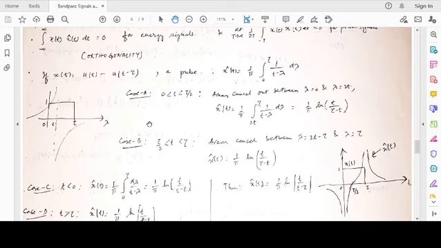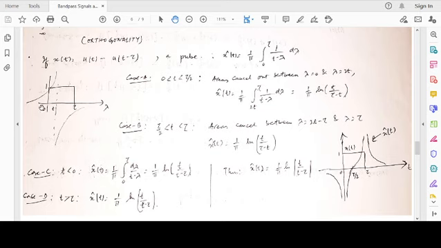So for the case t less than 0, t can lie here. This is lambda. t can lie here, less than 0, or t can lie greater than tau. If the mid region of the pulse is tau by 2, t lies between 0 and tau by 2, and t lies between tau by 2 to tau. We break this integral into 4 cases, case A, case B, case C, case D.